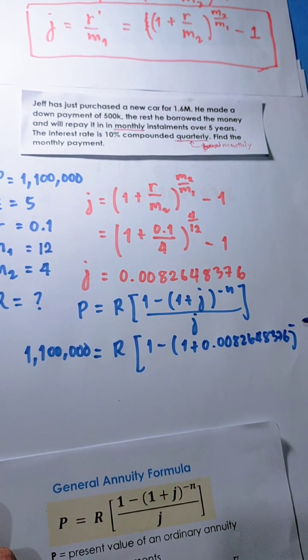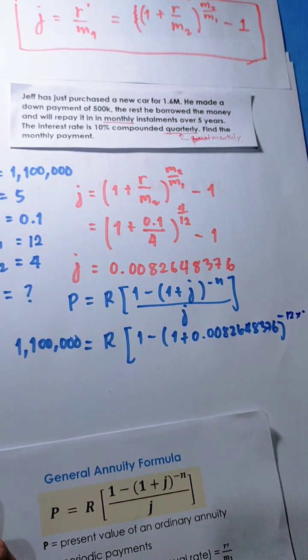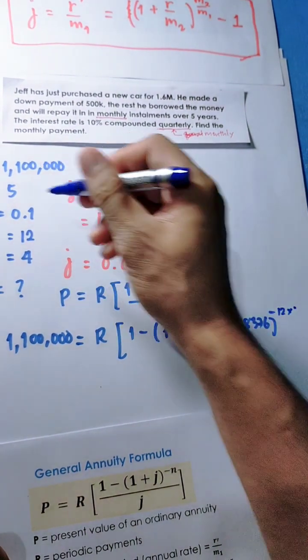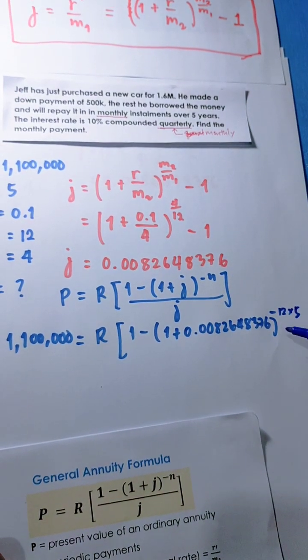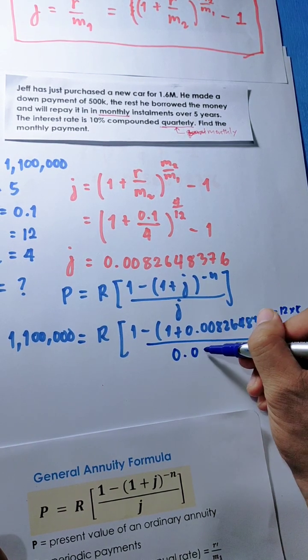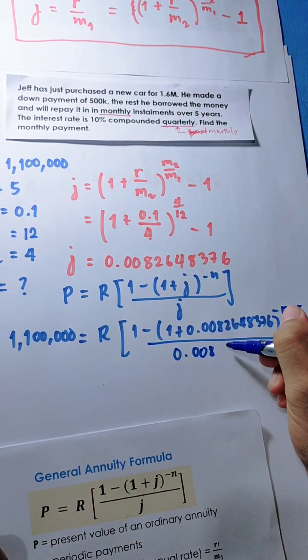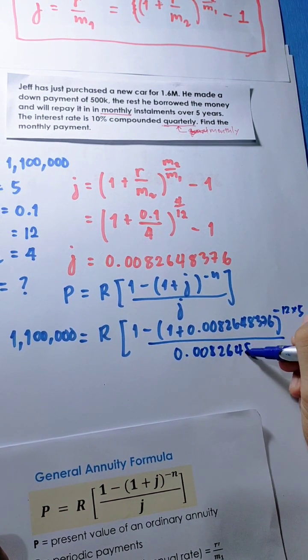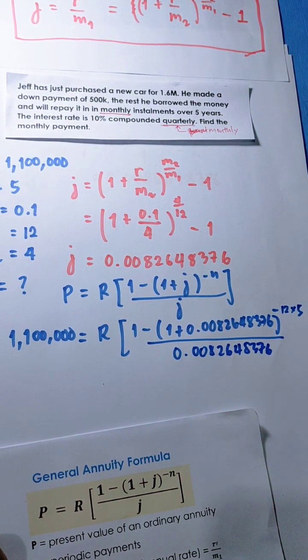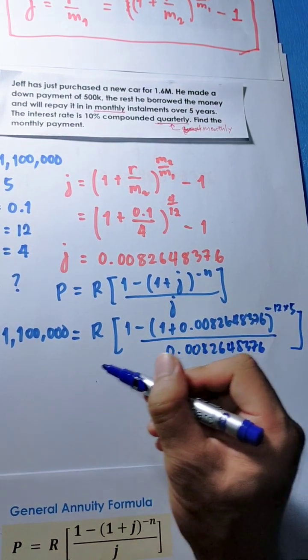So the compounding period is M1, which is 12 times the number of years, which is T is 5. Okay, all over our J, 0.00826483766. Okay, the longer, the more accurate the computation is.